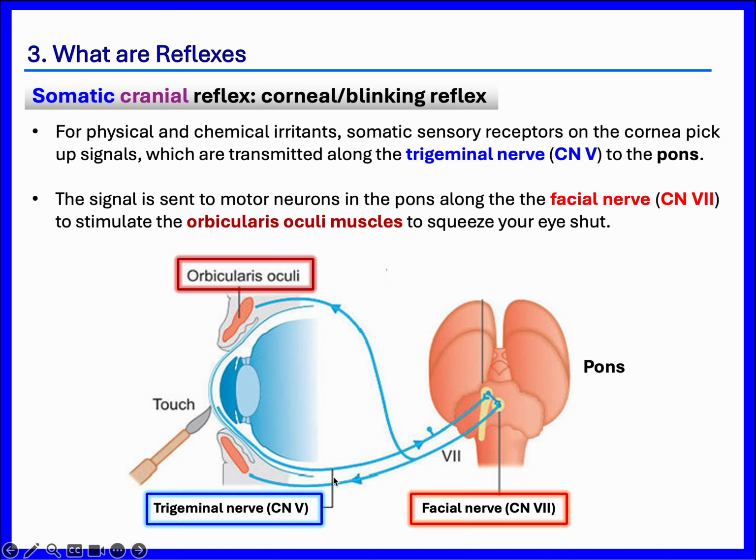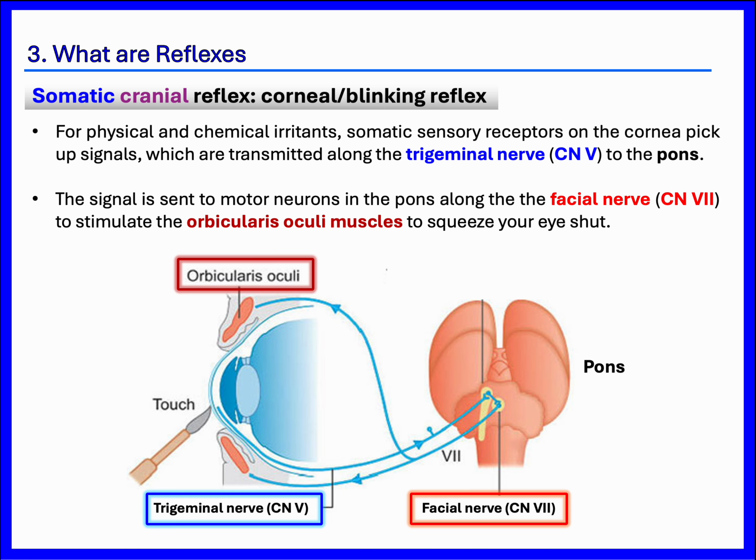That's what picks up the information. Over here, the touch here, you're going to go up the trigeminal nerve to the pons. The signal is sent to motor neurons in the pons, right? It goes on to these motor neurons here, along the facial nerve, right?